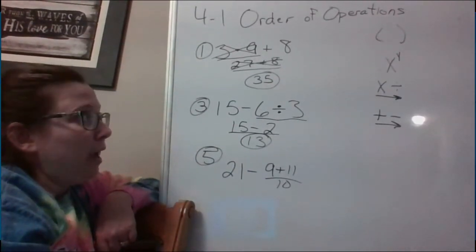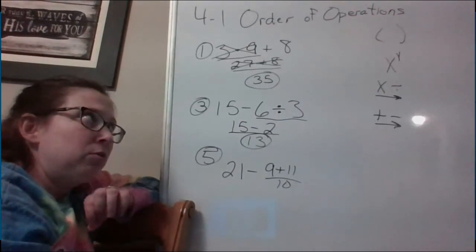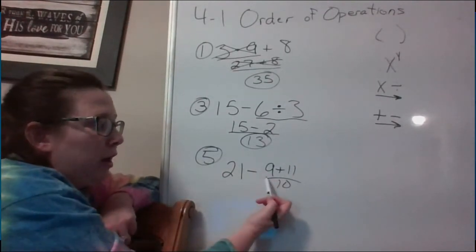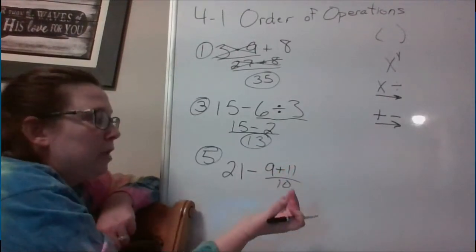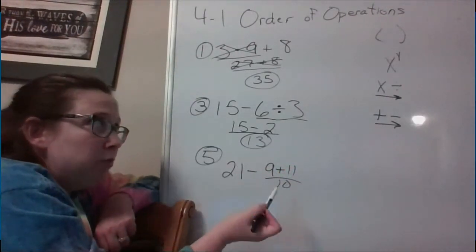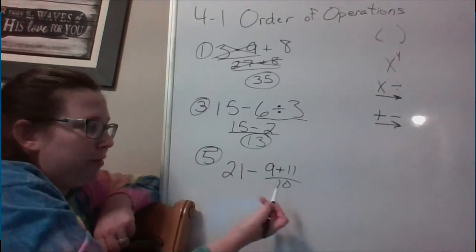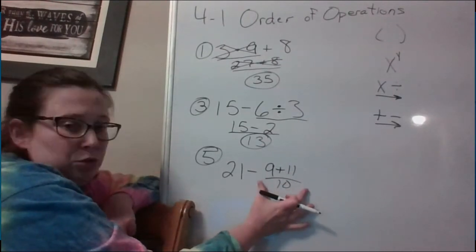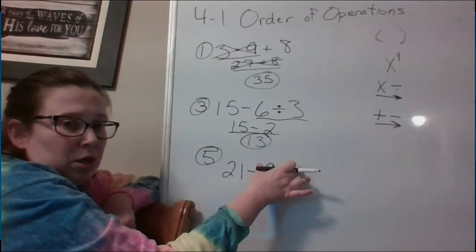With number 5, we do have some grouping symbols. Even though there aren't parentheses in our problem, this division bar actually groups this 9 plus 11 together. So although we have no grouping symbols, we have no exponents, we need to multiply or divide first. This is a division, and we can't actually do this division problem until we first do this addition on top.